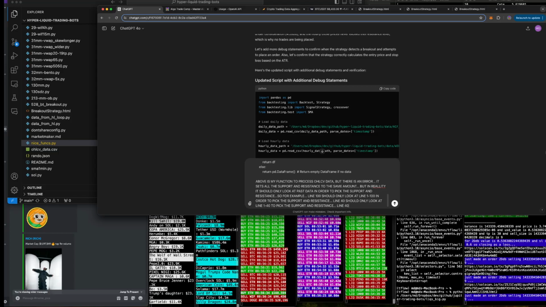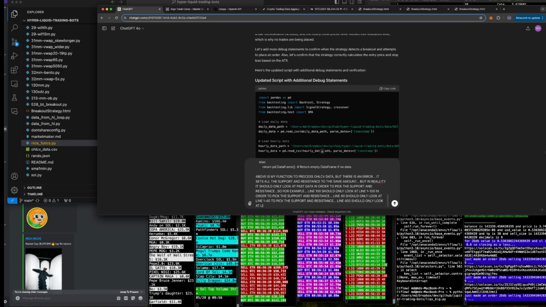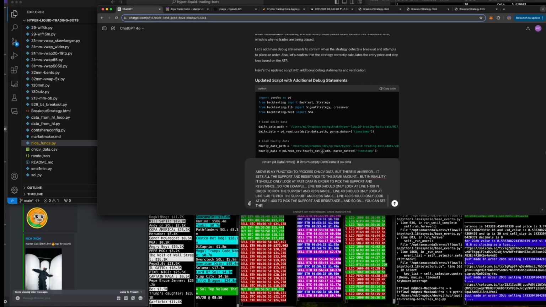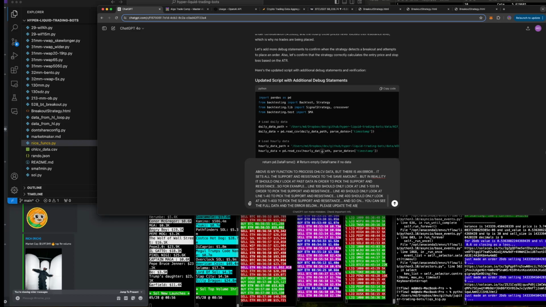Line 400 should only look at line 1 through 400 to pick the support and resistance, and so on. You can see the full data and the error below. Please update the above code to fix that.